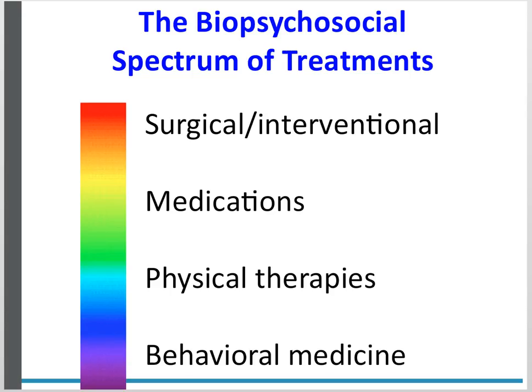One of the things I tell my patients is that all treatments basically fall into 4 categories. There are surgical or interventional techniques that we can use, medications, various forms of physical therapies, and also behavioral medicine, things that you can do to manage your own condition.